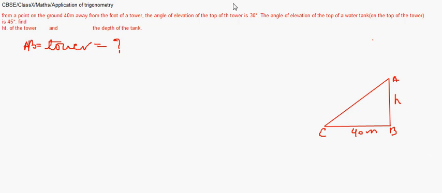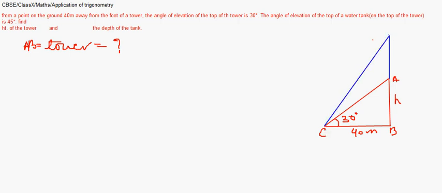Now this is 30 degrees, the angle of elevation. Then there is an angle of elevation of the top of a water tank. Oh, there is a water tank on top of the tower. So let me draw a water tank. I'm assuming this blue is my water tank. There is an angle of elevation formed again from the top of it, from the same point on the ground.